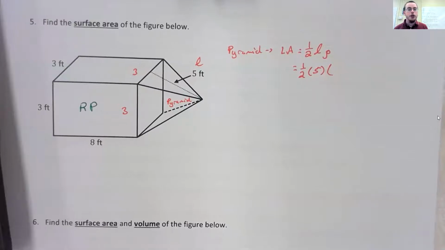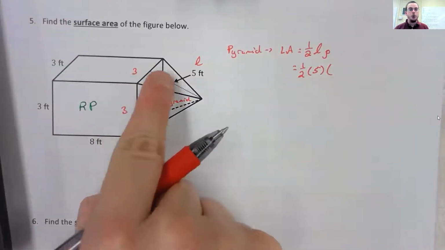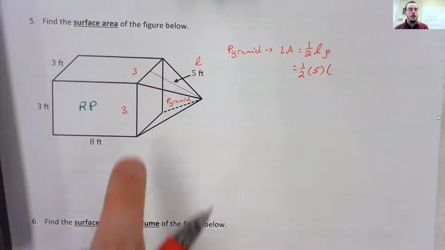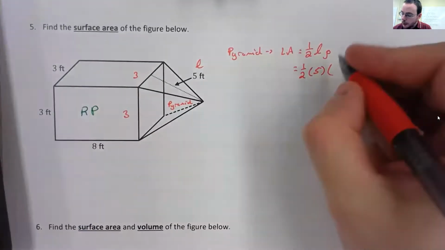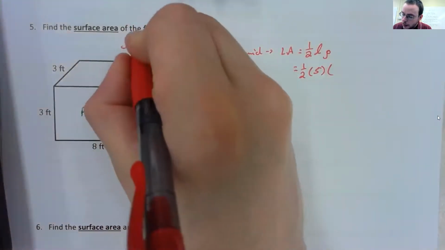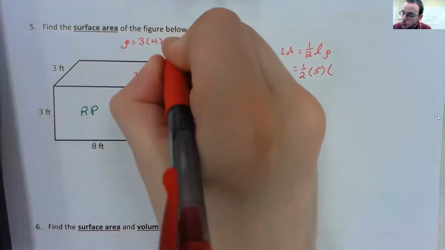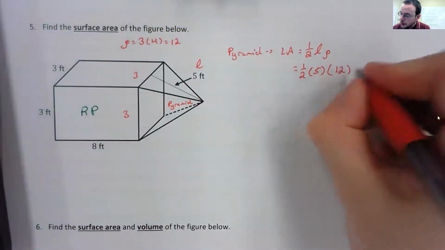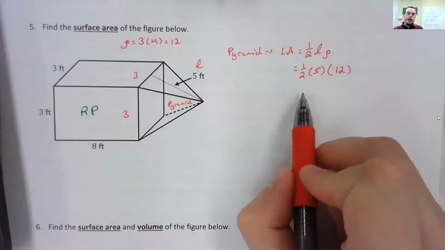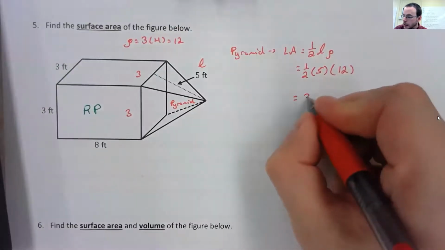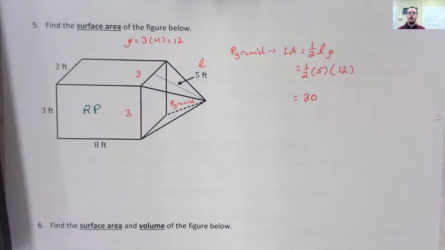So for the perimeter of a square, we would add 3 four times, or we just multiply 3 by 4. So that would give us a perimeter equal to 12. Then we just multiply 1/2, 5, and 12 together, and that ends up giving us 30 for our lateral area of the pyramid.